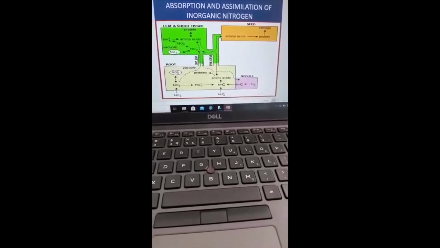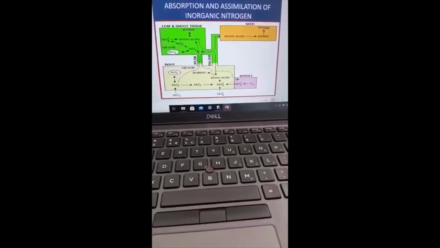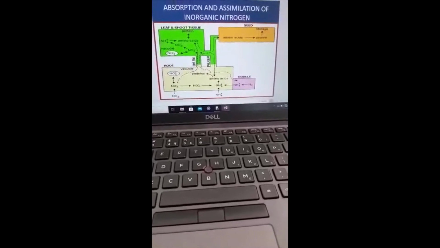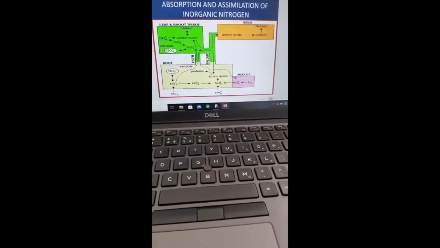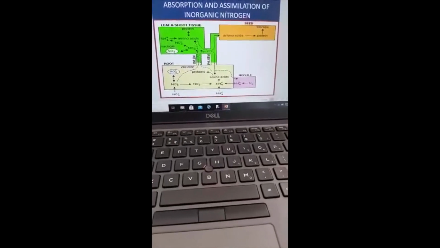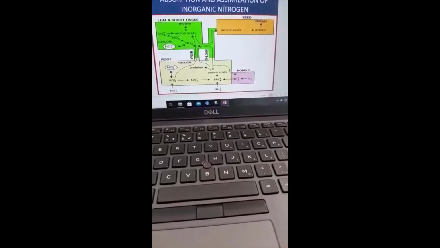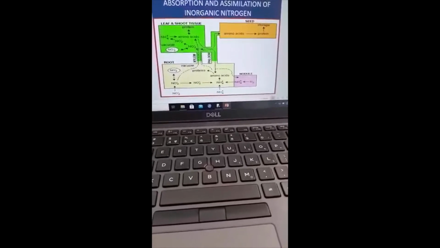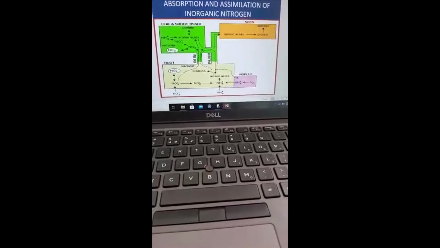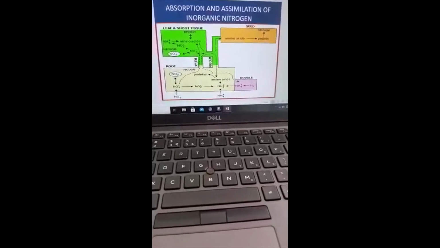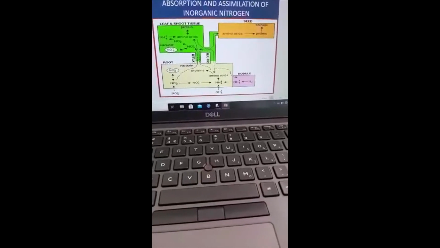Ammonium is predominantly processed within the root because it can be toxic if it reaches the leaves of the plant as ammonium. Therefore, it is processed immediately after being absorbed, and the amino acids that are formed after the processing of this ammonium are also delivered to the leaf of the plants via the xylem.